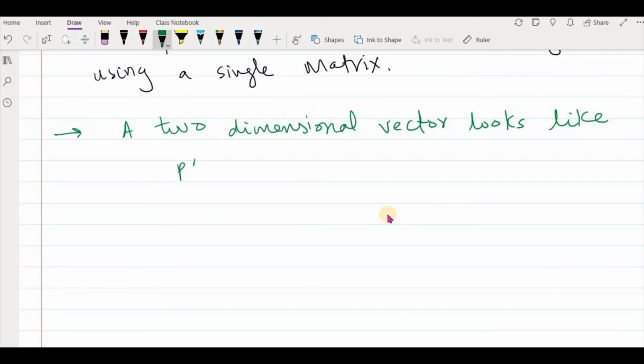Let's say PA is equal to X, Y. This is a normal vector, a 2D vector, but a homogeneous translation matrix will look something like this.